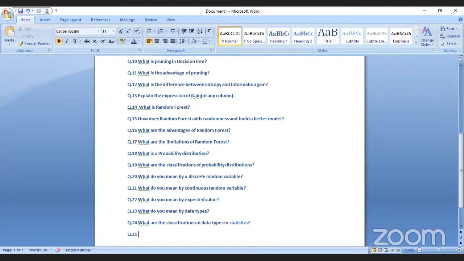After that, what is the difference between a nominal and ordinal data type? What is nominal data type and what is ordinal data type?